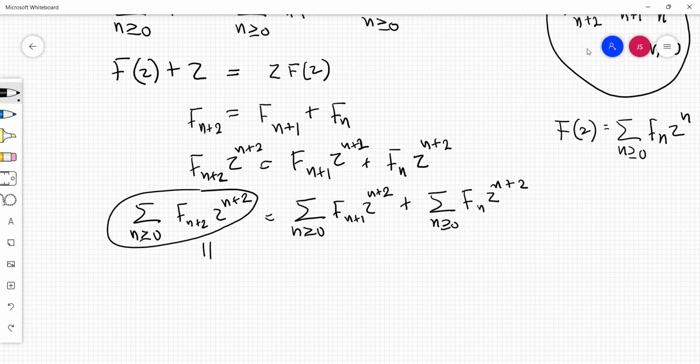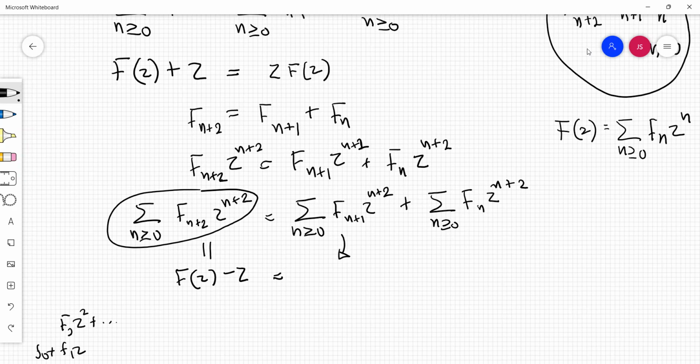F of Z minus Z, yes. Because this is equal to, starting with F2 Z squared, and so on. And here F0 plus F1 Z, but F0 equals 0, F1 equals 1. So it is equal to F of Z minus Z. And what is this then?